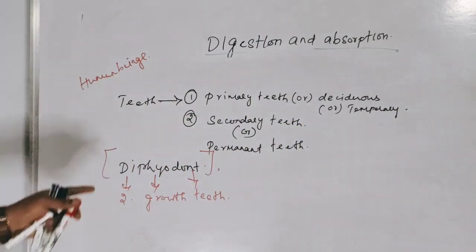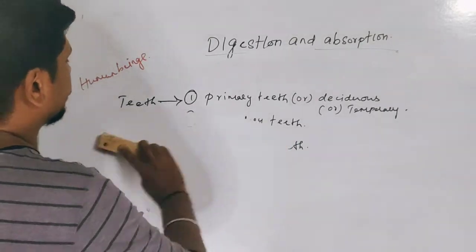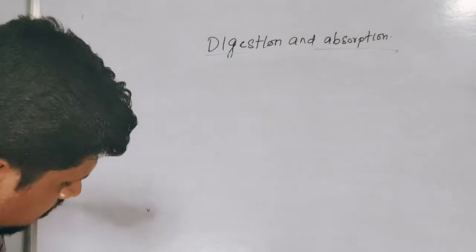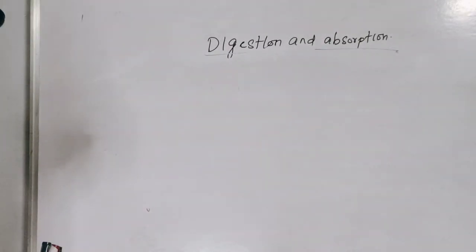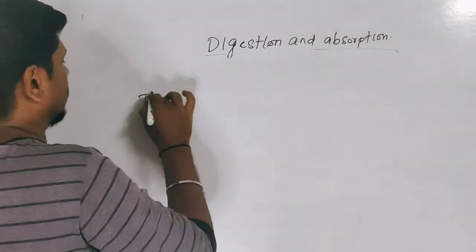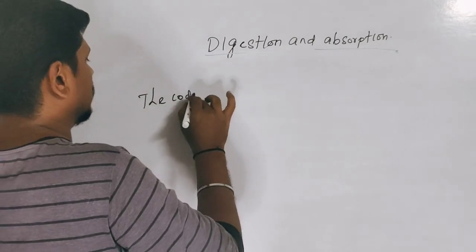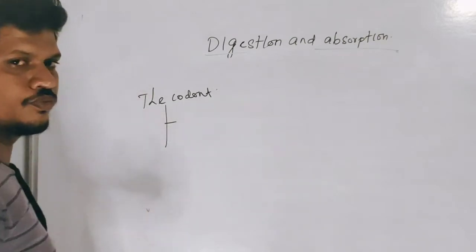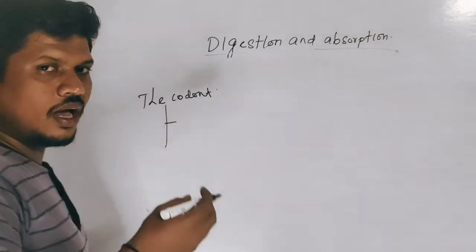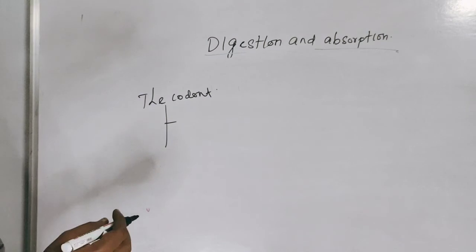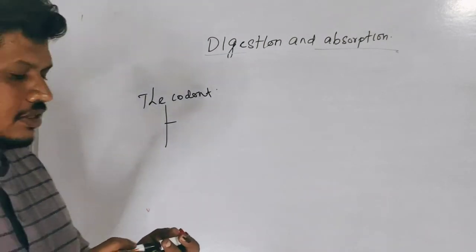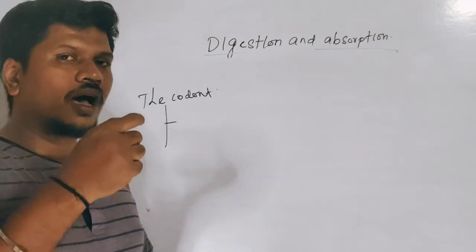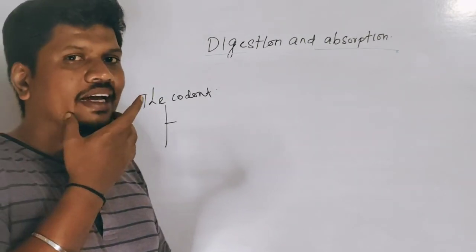And one more term with respect to teeth: thecodont. See, thecodont means teeth are attached in a socket of the jaw bones. For example, a single tooth, right? The tooth is attached in a socket of the jaw bone.